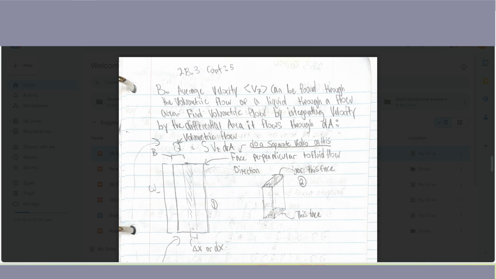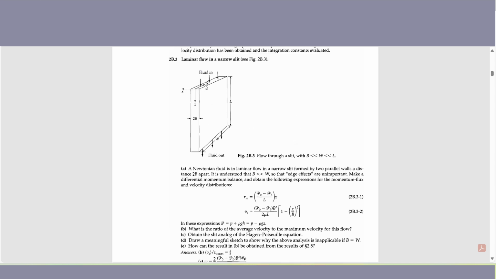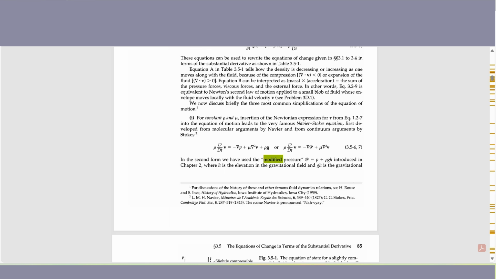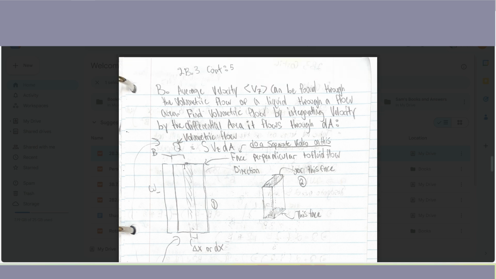Yeah, so we're just integrating velocity over a differential area, and that differential area is the area that's perpendicular to the flow direction. So that would be like these areas and this area. It'd be more like a slit instead of what I highlighted over here. It'd be like a slit, delta x by w, and it would translate over this whole surface here, so it would cover the whole surface.